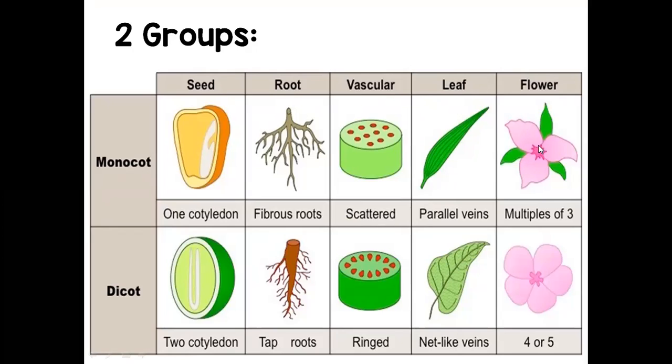The vascular system of monocots is scattered through the stem. Examples of monocots are grass, rice, lilies, palm trees, coconuts, orchids, bananas, corn, and onions. Those are examples of monocots. So these are your indications of monocots.